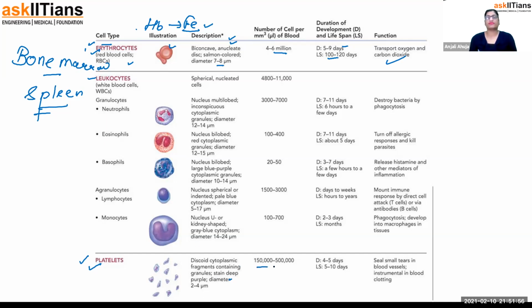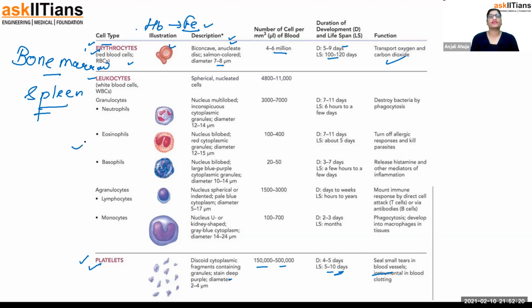Number is from 1.5 lakh to 5 lakh, and age is 5 to 10 days. It keeps on forming, keeps on dying. They seal small tears in blood vessels. They are instrumental in clotting. You don't have to write it, just know that it is present in the blood, and it helps in blood clotting with the help of the fibrinogen factor. I have told you, and that's it.